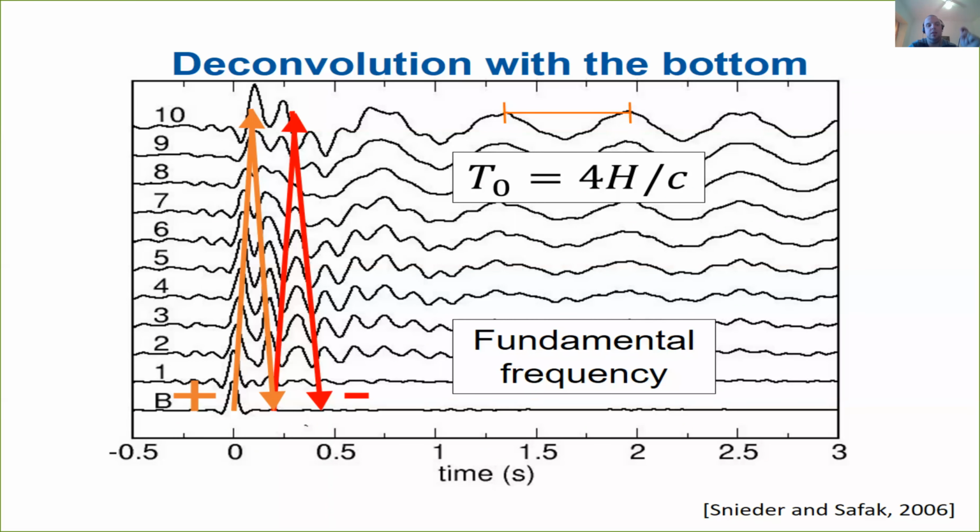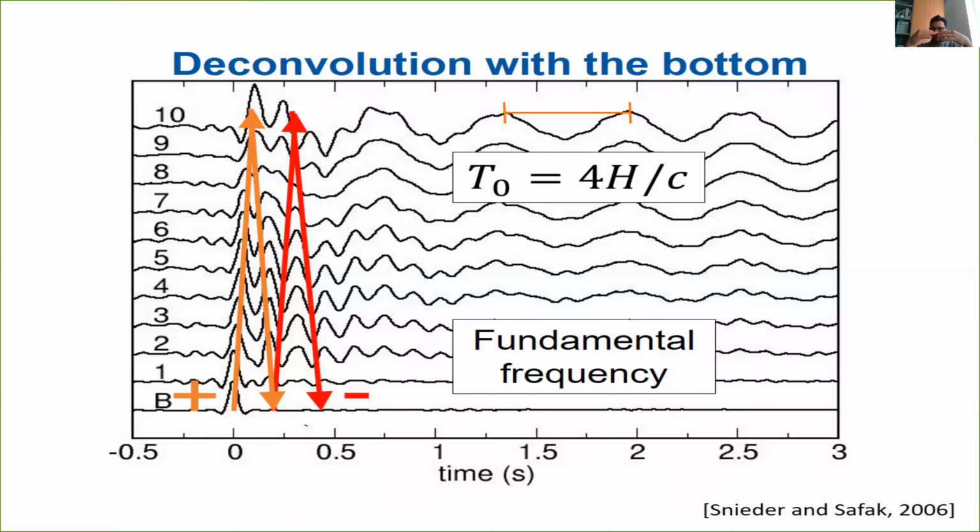You said that we will have a change in polarity. Yes. I don't understand why. Because when you have a change in the impedance contrast, then the polarity of the signal due to the change of stiffness will change. It's normal in seismic reflection. So the reflection at the surface, where you are going from a medium with a higher impedance to a smaller impedance, will give you a reflection with the same sign.